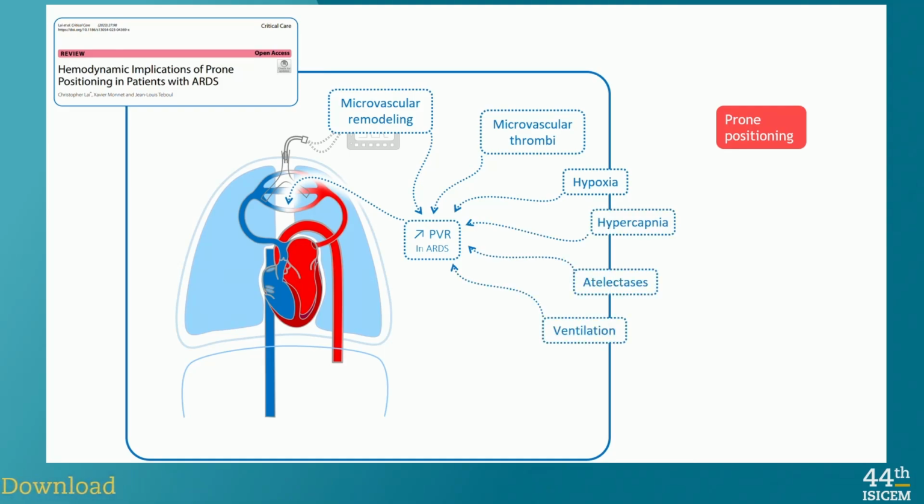Perhaps the most important is microvascular remodeling and thrombi, against which we can do nothing. But also hypoxic vasoconstriction, hypercapnic vasoconstriction, which may be significant, atelectasis, which increases the resistance in the pulmonary vessels, and ventilation and the PEEP level itself, which is not the only factor.